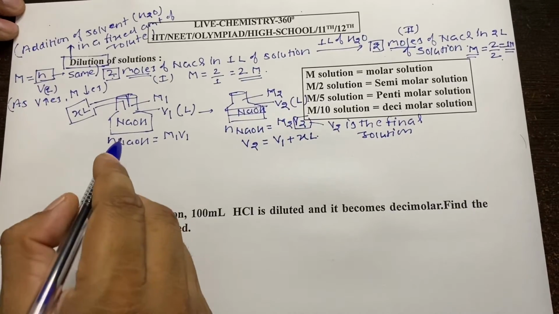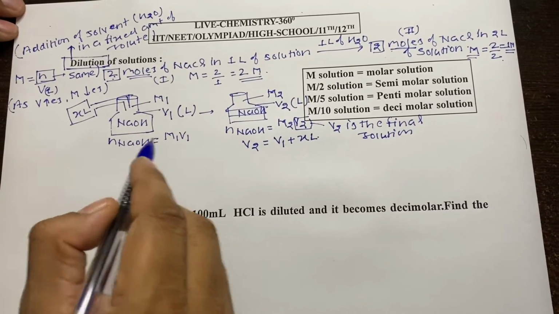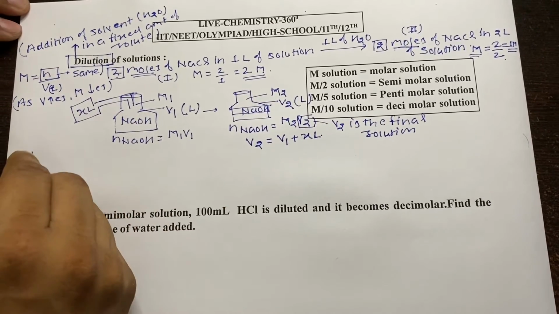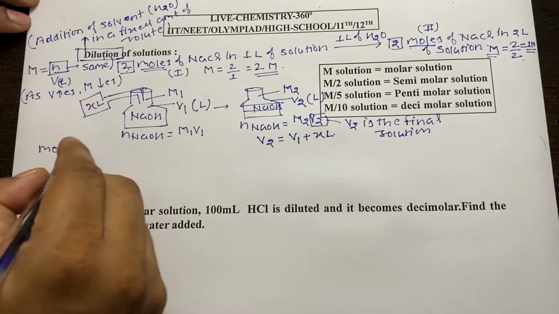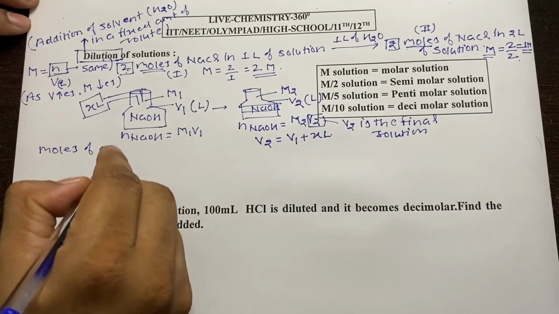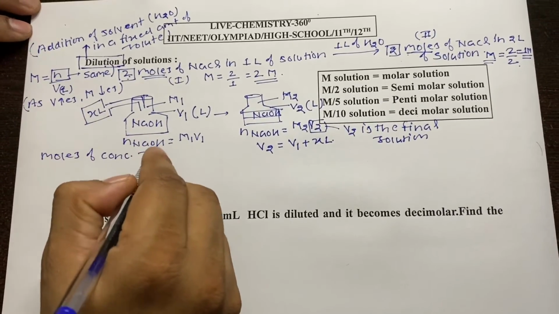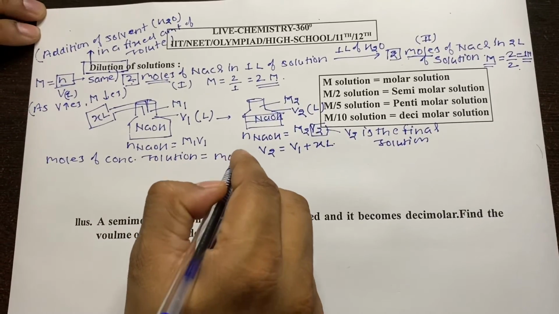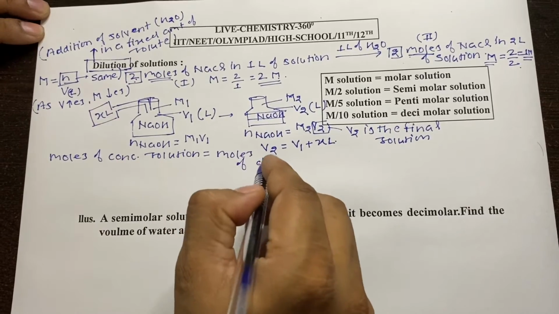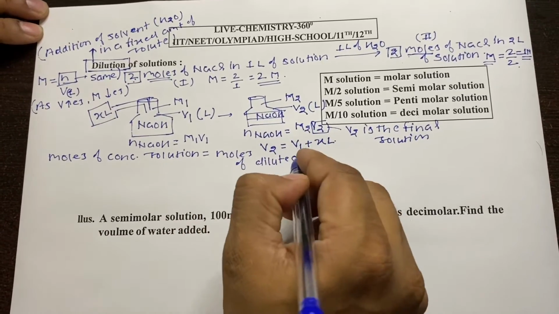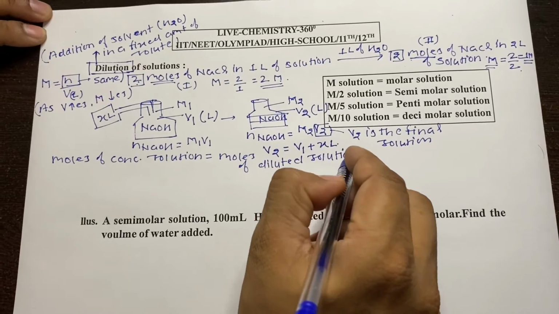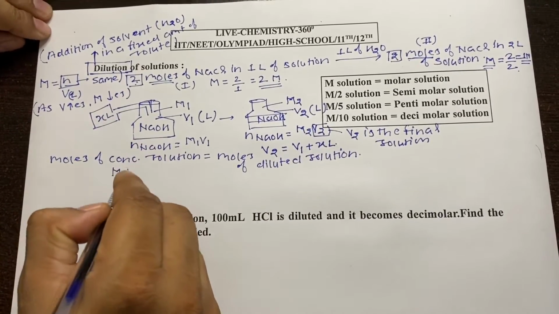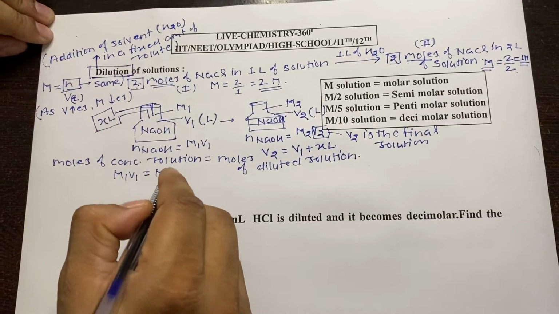Now, as the number of moles of NaOH remains constant in both solutions, moles of concentrated solution will be equal to moles of diluted solution. Simply we can say that M1V1 equals M2V2.